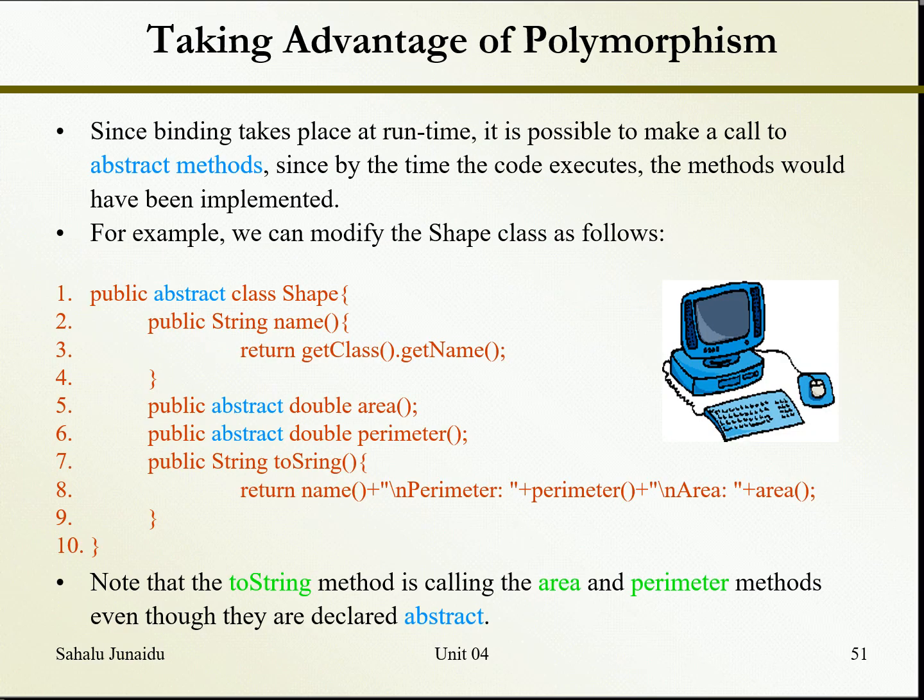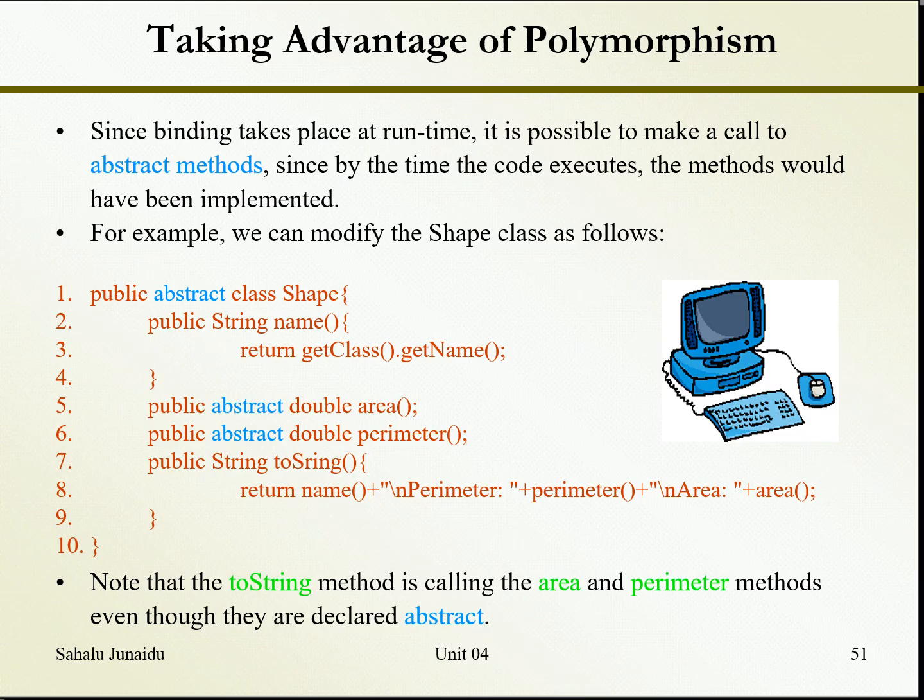So what advantage can we have from this polymorphism? Since binding takes place at runtime, it is possible to make a call to abstract methods. This is what I've explained. Because of the advantage of late binding, we can call the method of the abstract class.